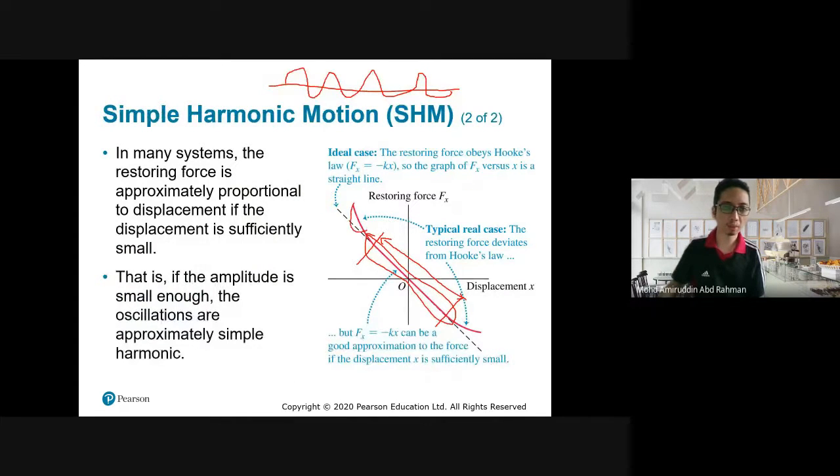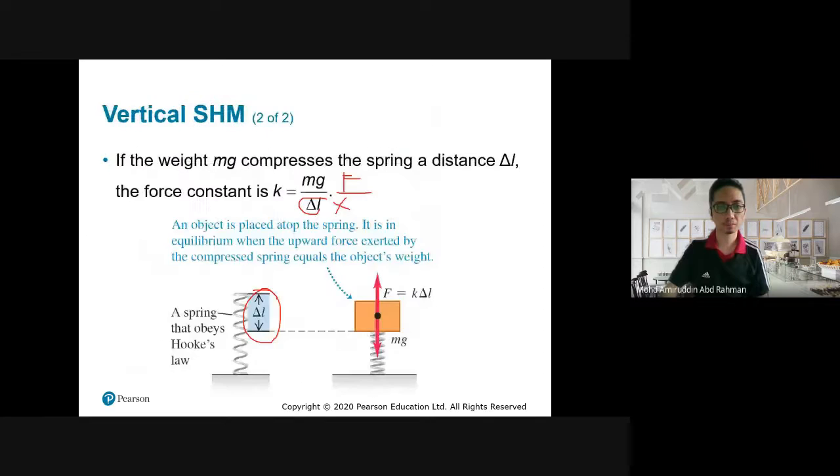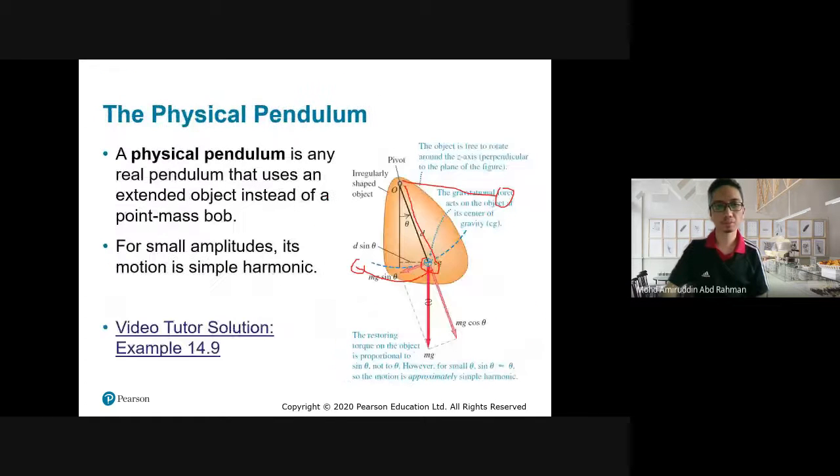This is what will happen when you have a real pendulum, meaning the mass is not a ball. Let's say you are hanging over here, like that. So it's like a pendulum, right?